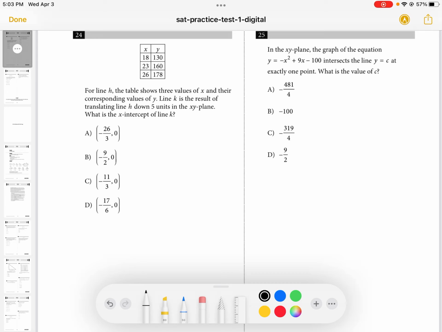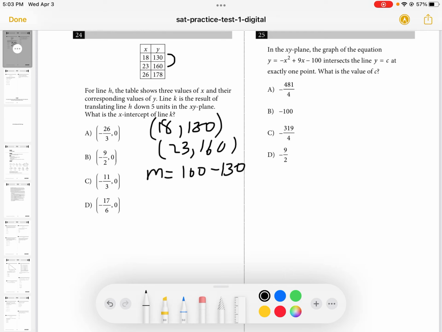Okay, so first we have to find line H. We can take these 2 points, (18, 130) and (23, 160). So our slope, m, is going to be 160 minus 130 over 23 minus 18. That's 30 over 5, that's 6. So line H is going to be 6x plus something.